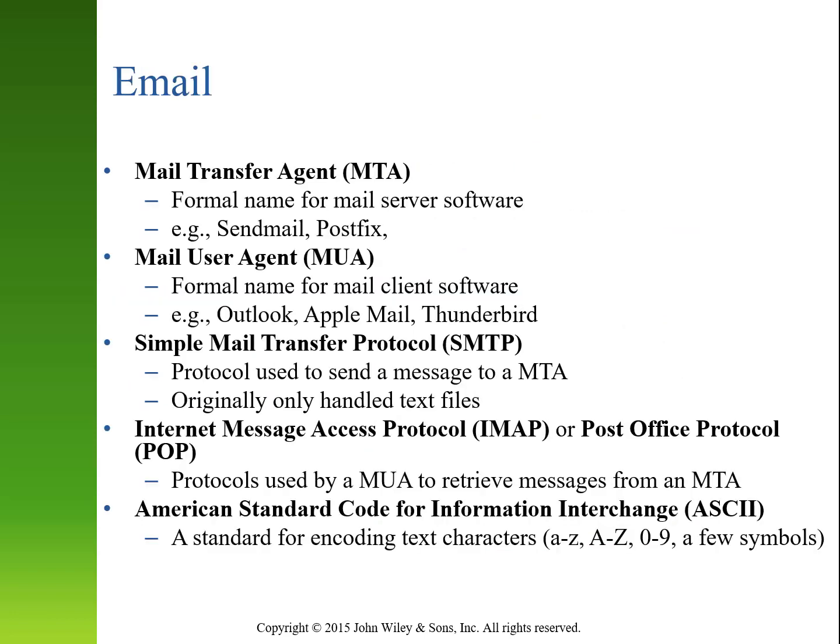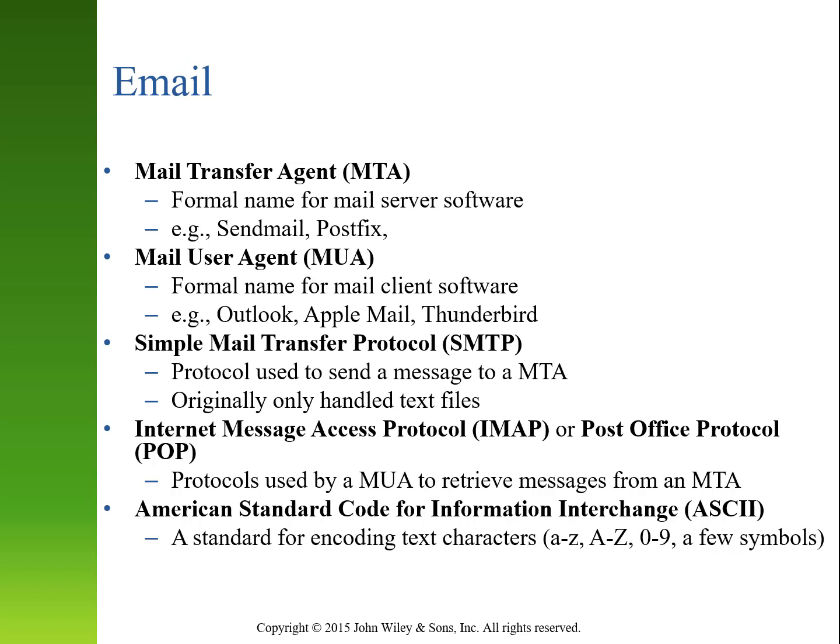Another common application that accesses a network is email. There are lots of different ways that we can access email. The original mail servers used a mail transfer agent, and the original mail clients used some sort of mail user agent. The most common old school protocol for email was SMTP, which is still used today.